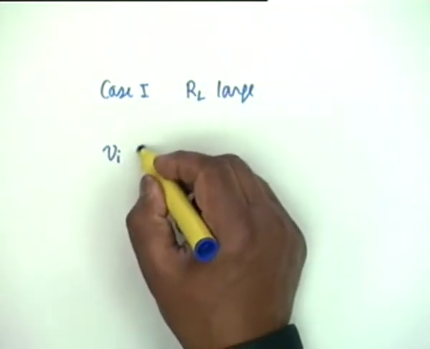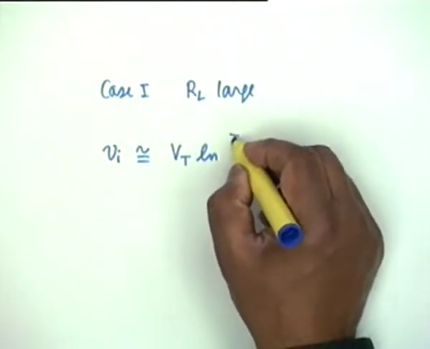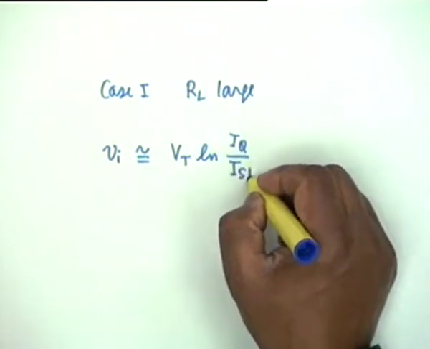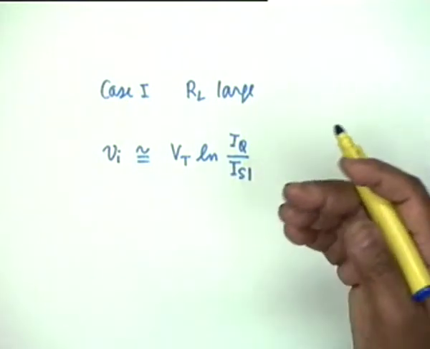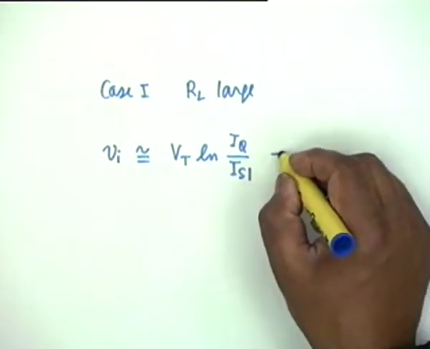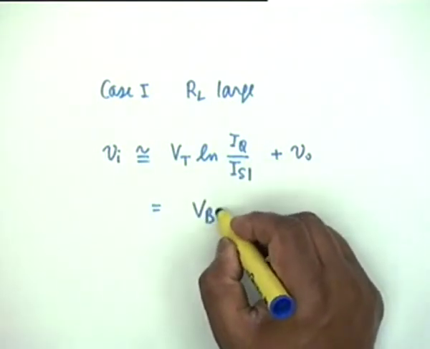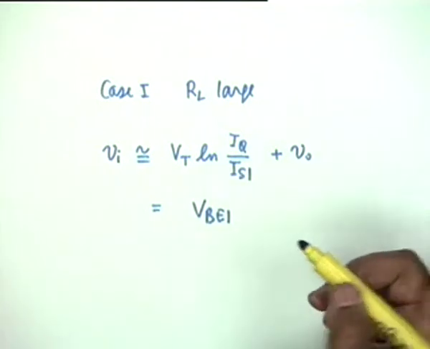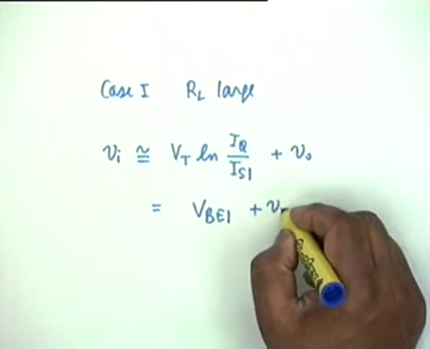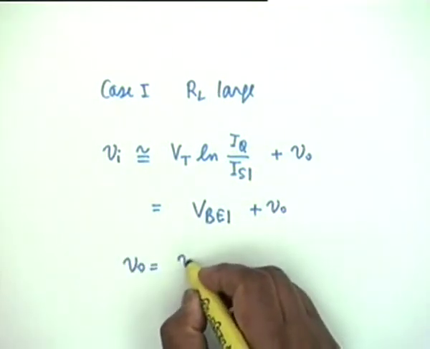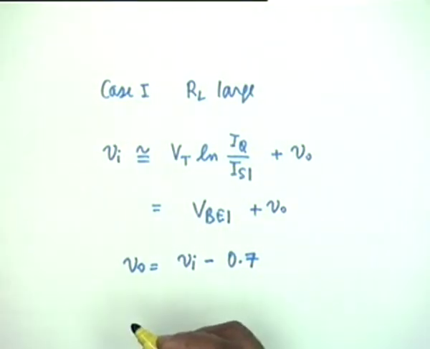Then obviously the relationship is vI approximately equal to VT log of IQ divided by IS1, which is a constant now. We approximate this term which varies with V0 by a constant plus V0, and this obviously is VBE1, the DC voltage across the first transistor between the base and emitter, plus V0, which means that V0 is equal to vI minus 0.7 volt, our usual relationship that we got in class B also.